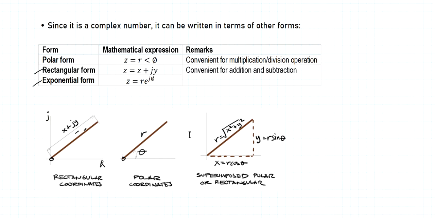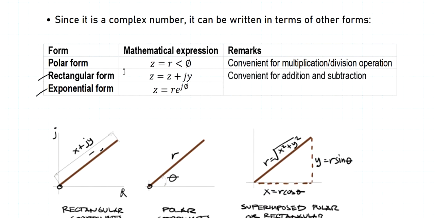Now, the reason we want to change the forms of phasors is that in some mathematical operations, like addition and subtraction, the rectangular form is more convenient to work with.